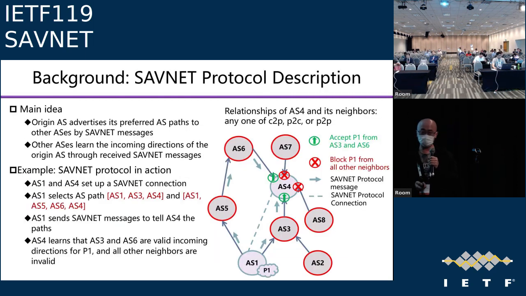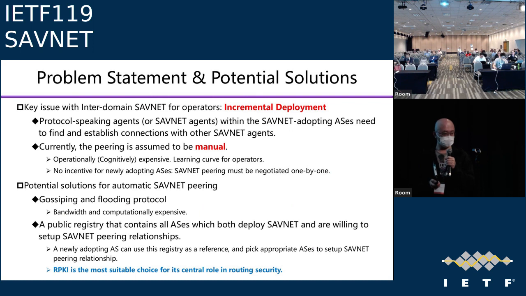So yeah, in the interest of time, I will not go into the details of how the Savnet protocol works. But here I only want to mention that the problem that we're trying to tackle is actually in the first step of this example on the right, which is how AS1 and AS4 set up a Savnet connection. And this brings us to the problem statement of this draft.